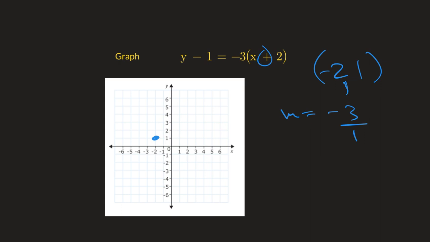Where is the slope telling me to go from here if it's -3/1? Down 3, right 1. 1, 2, 3, right 1.